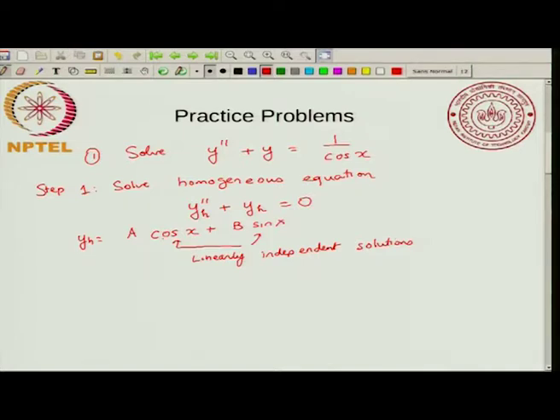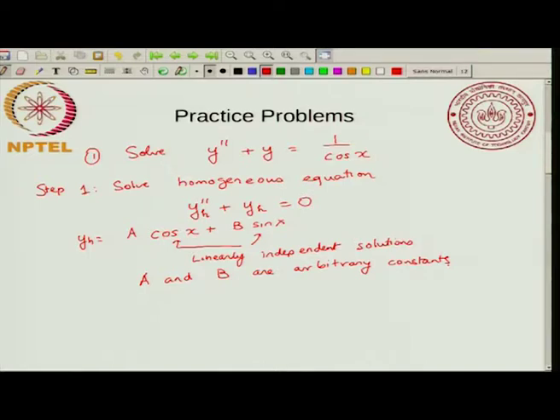The general solution is written as a linear combination of these two, where a and b are arbitrary constants. We are supposed to determine a and b using the boundary conditions, but this is the solution of the homogeneous equation.